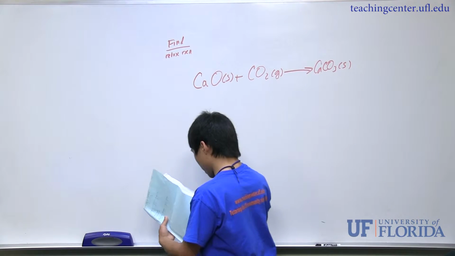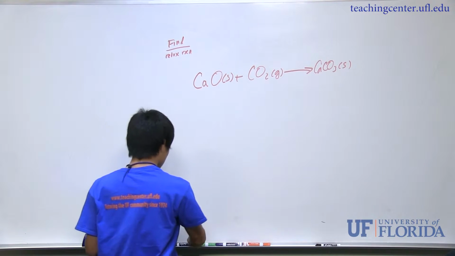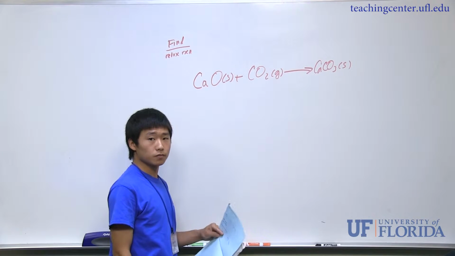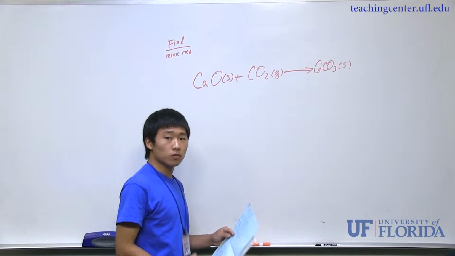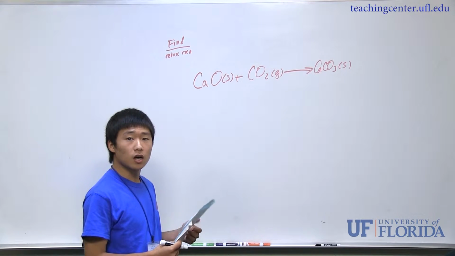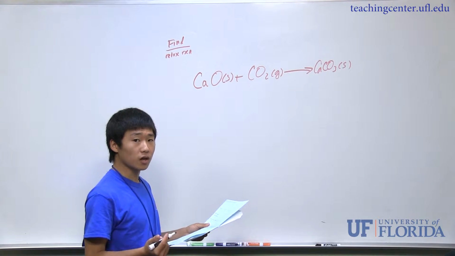Okay, so I'm given a reaction here where I have calcium oxide plus carbon dioxide gives me calcium carbonate. Now, one thing I like to do when I'm solving redox is I first like to identify, do I have any elements in elemental form or any polyatomic ions?